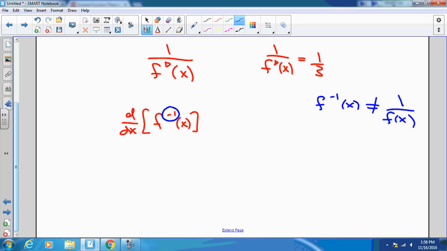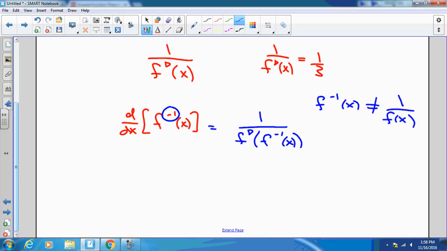I don't think there is a function whose inverse is the reciprocal of that function. I have to think about that more carefully. But it is true that the derivative of the inverse is the reciprocal of the derivative of f, evaluated at the inverse. And that's our inverse function here. So notice the weird interconnection of these two ideas, reciprocals and inverses.